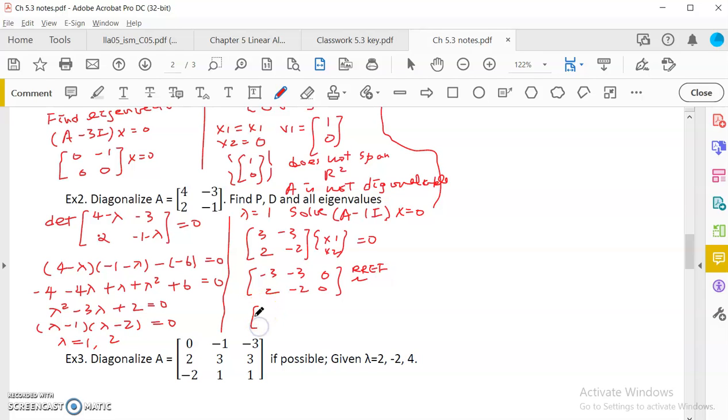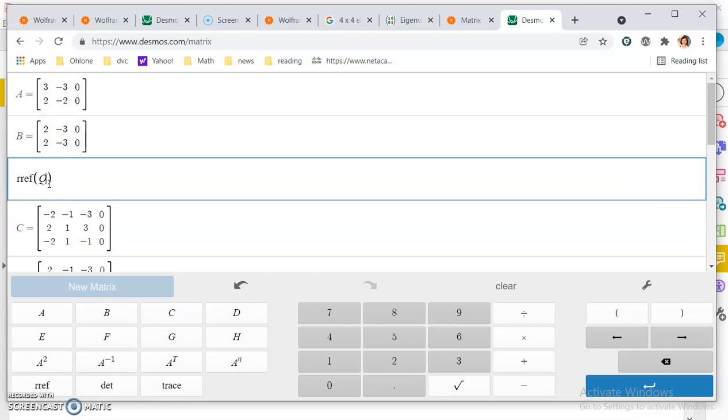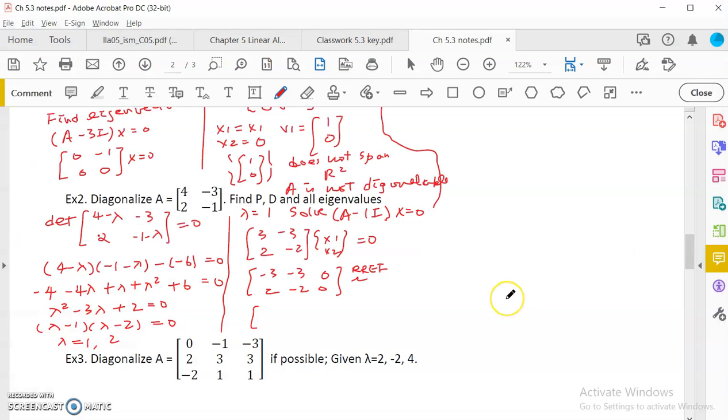I think you can just do it by hand, but I put it in the calculator just to make sure. It's 1, -1, 0, 0, 0, 0. So that means x1 is equal to x2 and x2 is free.